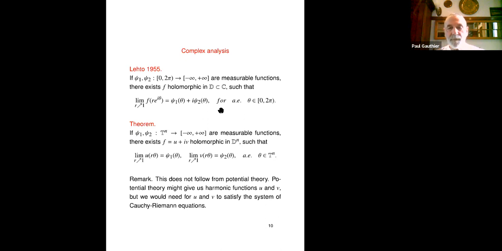Well, the main result with Shirazi is that we have extended this to several complex variables.